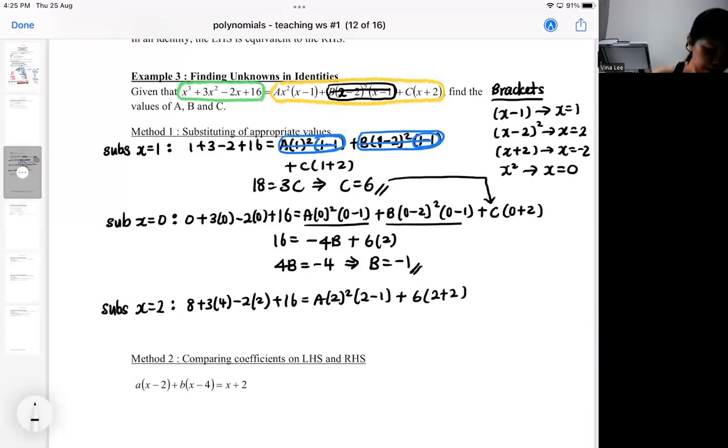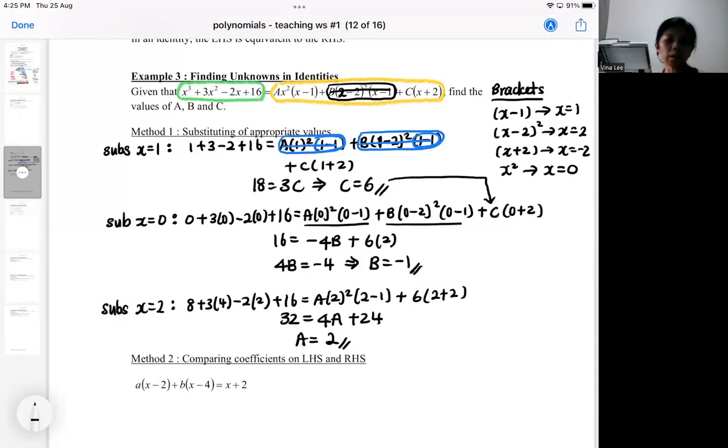There's quite a high chance of making careless mistakes. So from here, you find your a. So that is the substitution method.